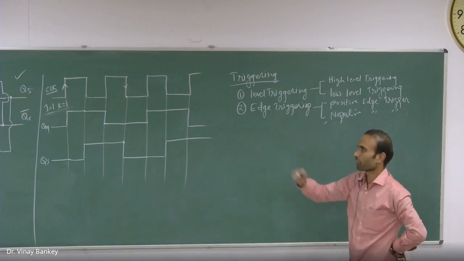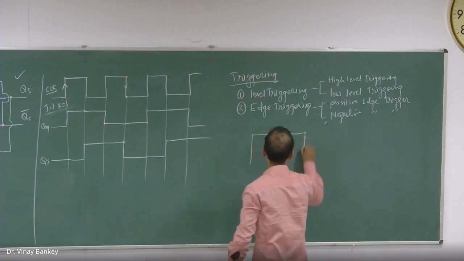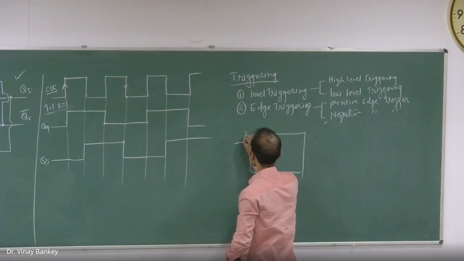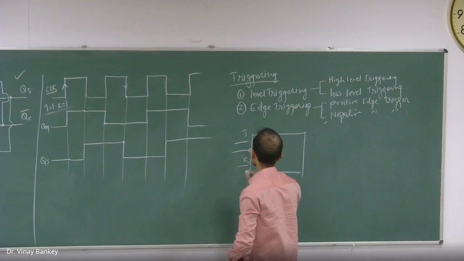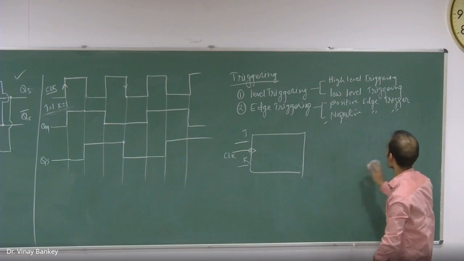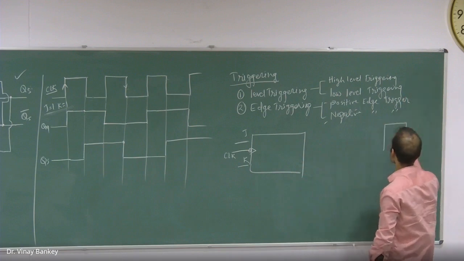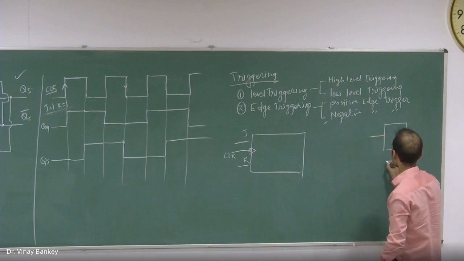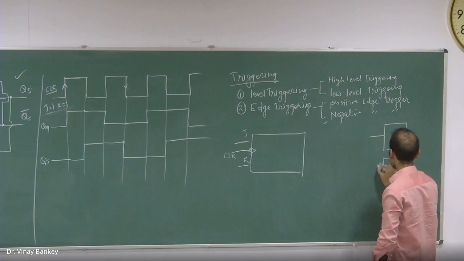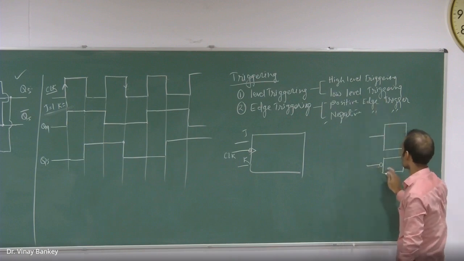So now we'll apply the negative edge triggering in the JK flip-flop, and we will see what happens. So you have a JK flip-flop here, and we have a negative edge-triggered clock pulse. Each of these has a specific symbol. The high-level triggering is represented in this form. If you put a bubble in front of this, it will become low-level triggering.